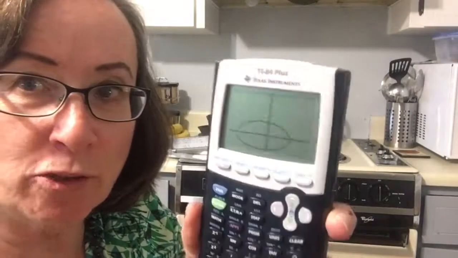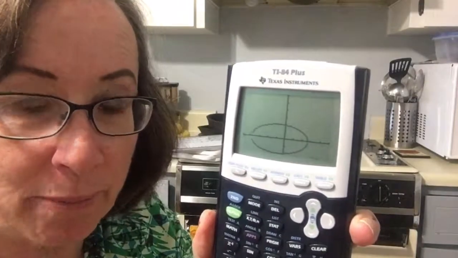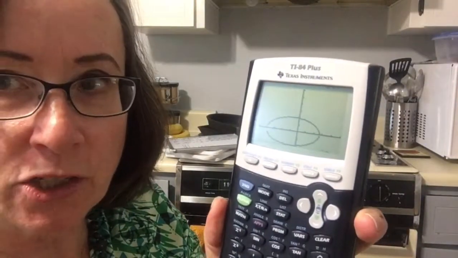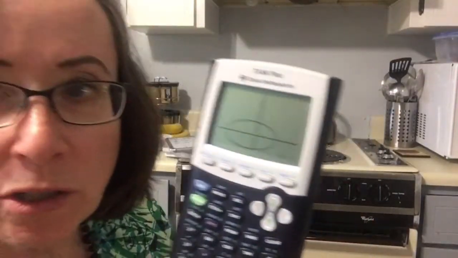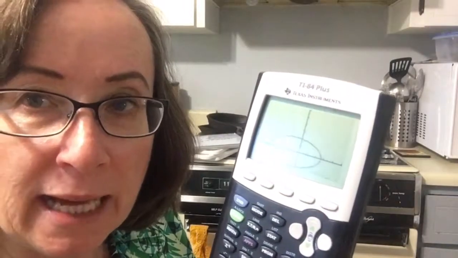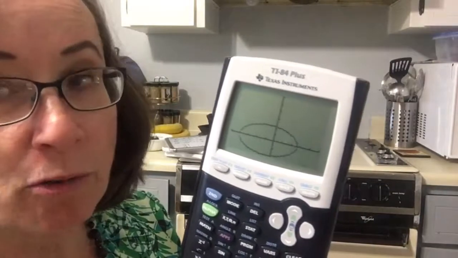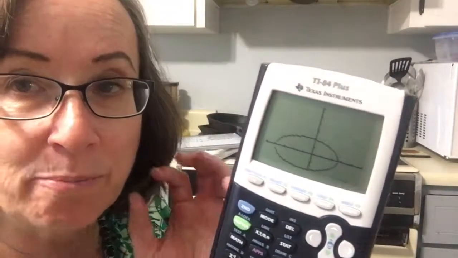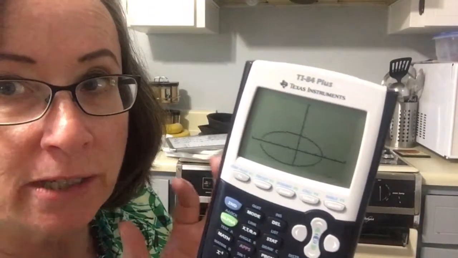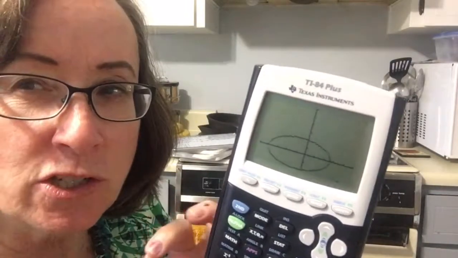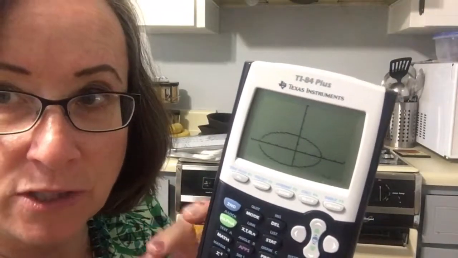So now this is what you should get when you correct that problem, a very oblong circle. Now remember, the circle is oblong because the graph has not been squared. And we can square the graph manually by changing the window to be centered around the center of the circle.